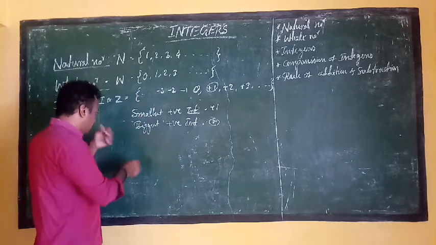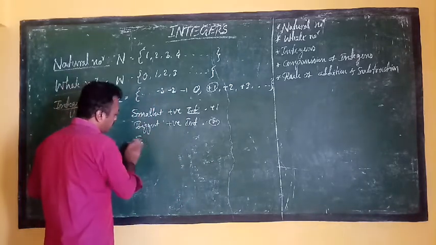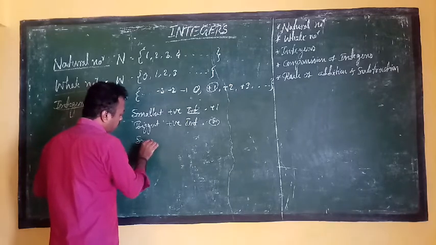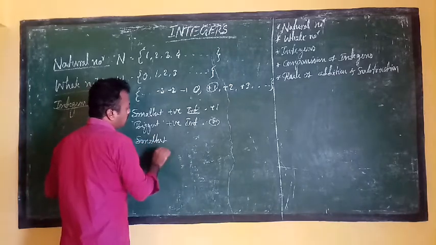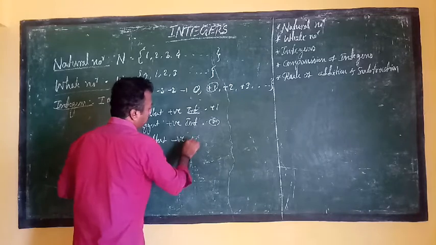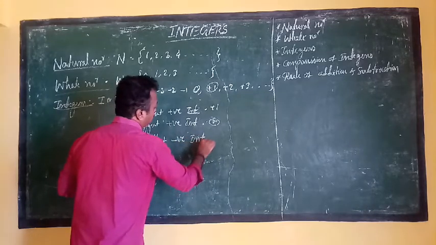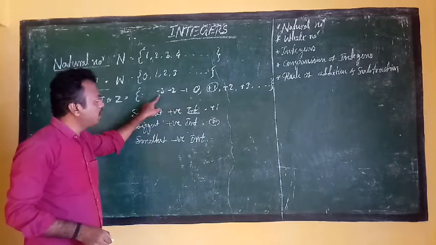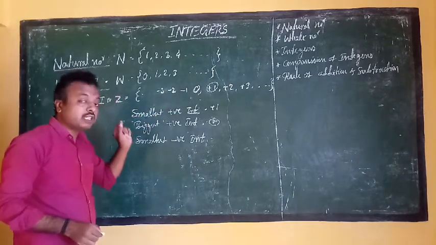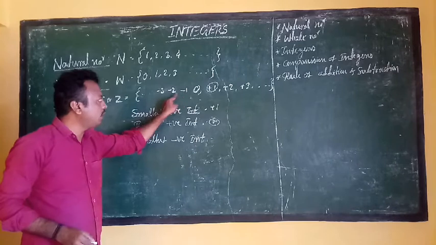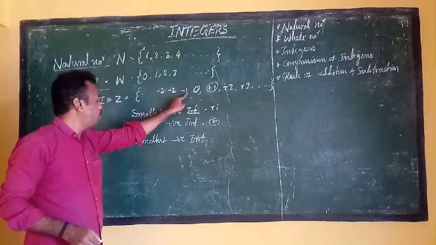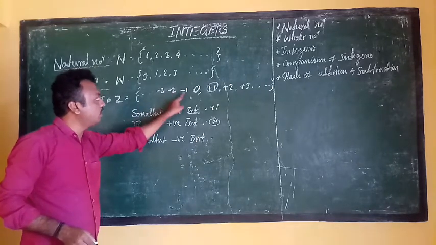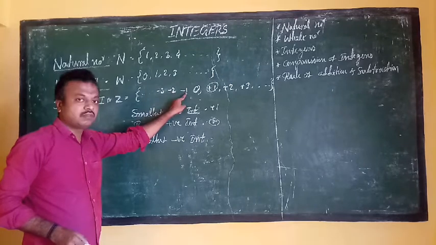Okay. So next, the smallest negative integer. Can you find the smallest negative integer? Minus 1, minus 2, minus 3, minus 4, and so on. Which is the smallest? Minus 1 and minus 2, compare them.